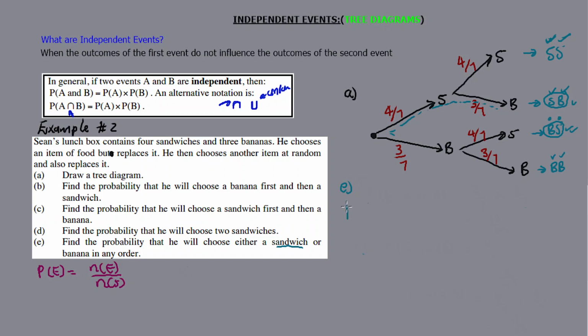So here we say the probability of sandwich and banana, you start with a sandwich followed by a banana, or you say banana and a sandwich. Our answer should be sandwich first, banana last: 4/7 times 3/7, plus B, banana and sandwich, which is 3/7 times 4/7.